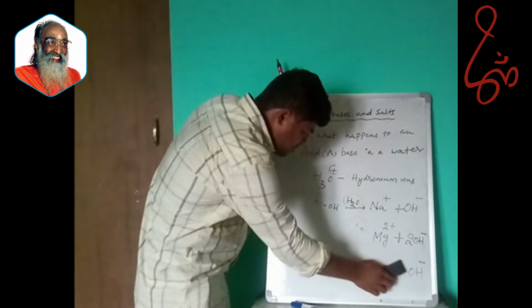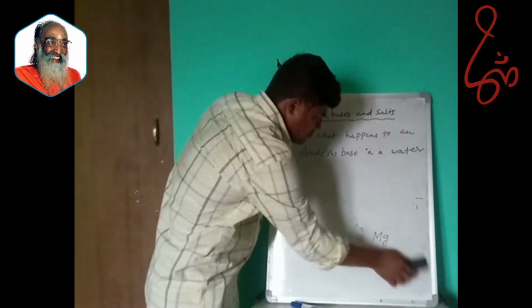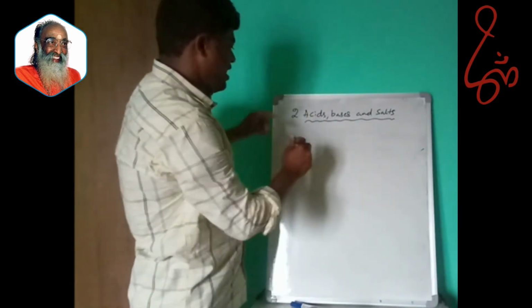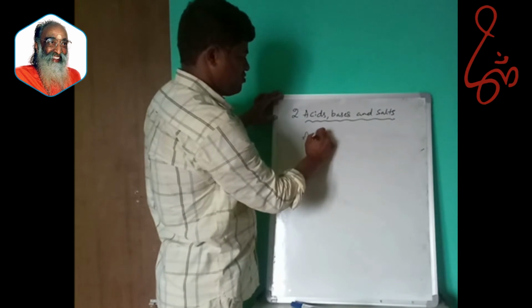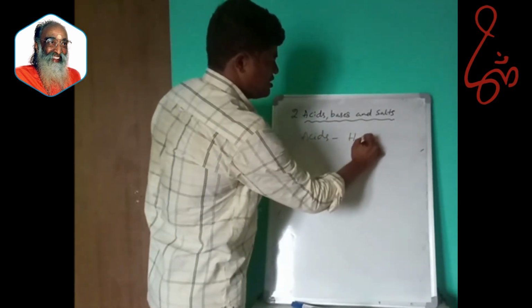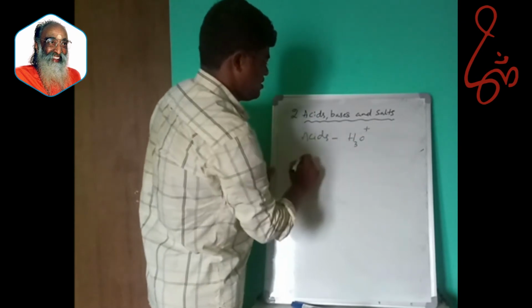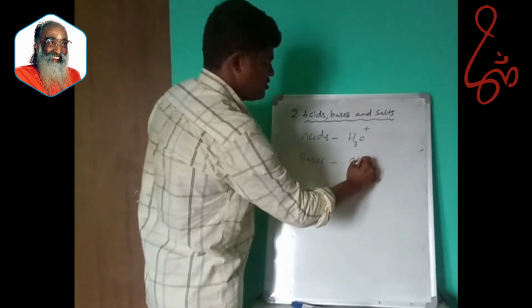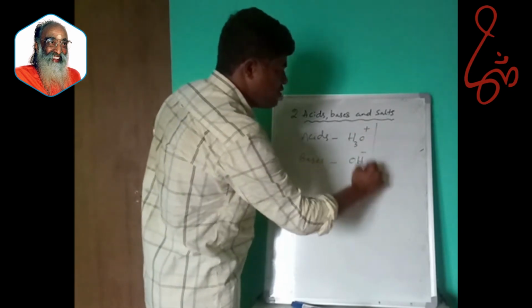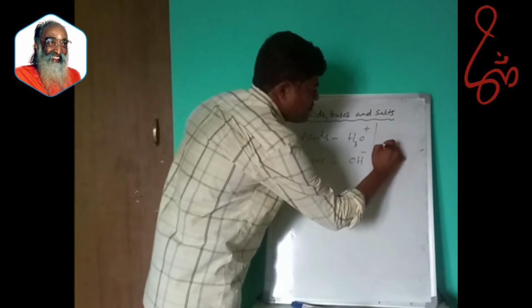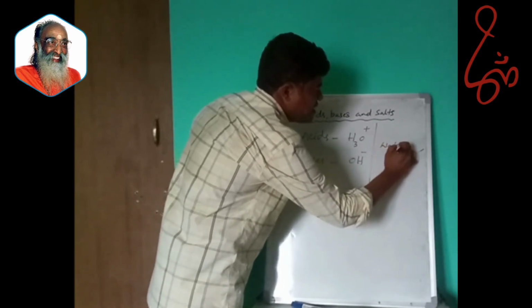So from this discussion, you know that acids give hydronium ions and bases give OH- ions only when dissolved in water. Water is very necessary here.